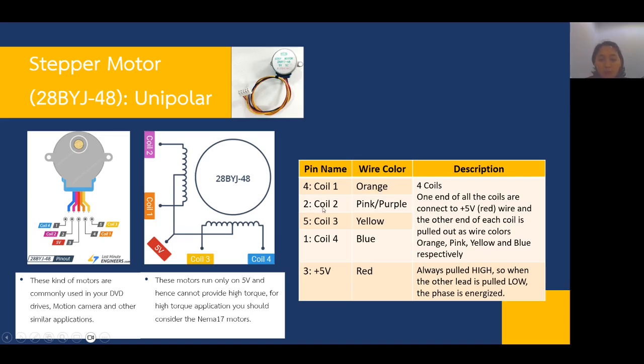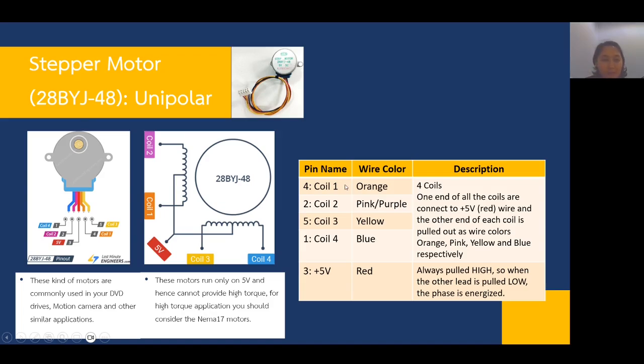Pin 2 for coil 2 with the wire color pink or purple. And then pin 5, this is for coil 3 with the wire color yellow. And then pin 1, this is for coil 4 with the wire color blue. And then pin 3, this is for 5 volt with the wire color red.